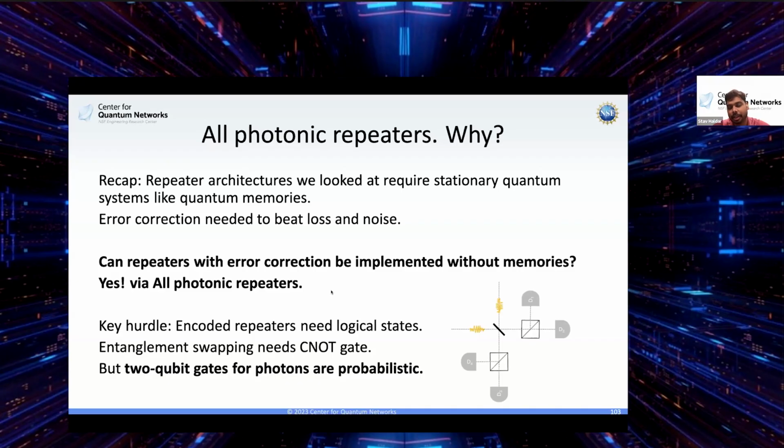And the key hurdle from the all-photonic perspective, and this is why you needed quantum memories in the earlier protocols, is that 2-qubit operations using photons are probabilistic.